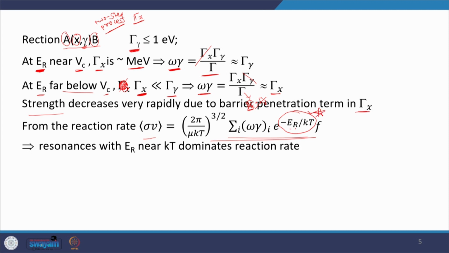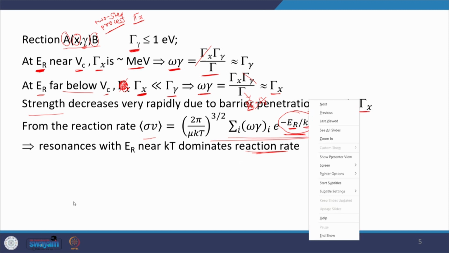Resonances with values of energies near kT dominate the reaction rate. See, nowhere do you have energy and kT in this expression except here. So if ER and kT are comparable to each other, then this reaction rate is maximum. So basically, the resonances with ER near kT only will dominate the reaction rate.